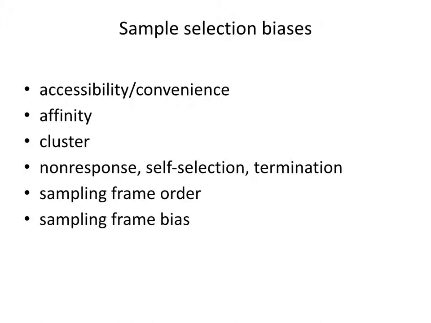Sampling frame order is a problem with taking a sample, having a sample frame that's in some order. Let's say it's alphabetical, and you want a sample of 100, and so you take the first 100 names.